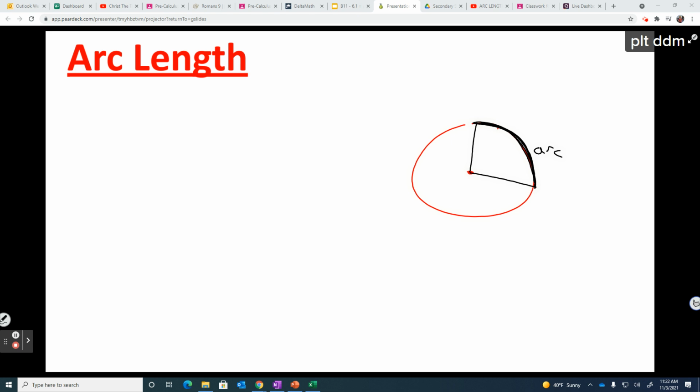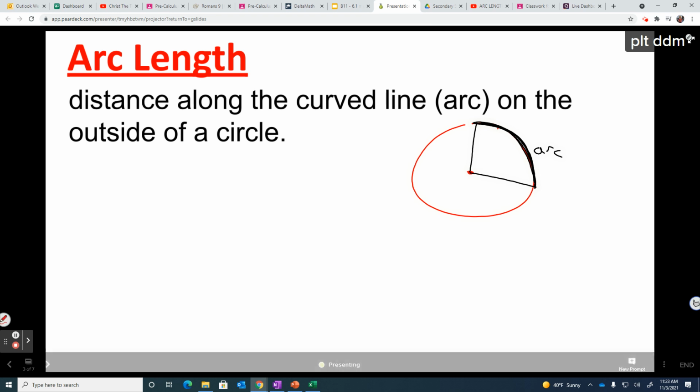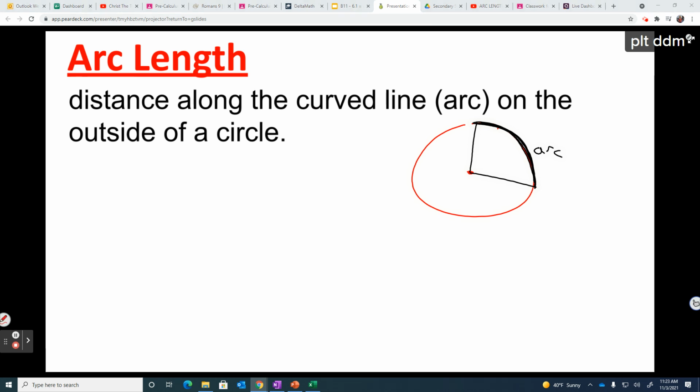How far would that be? So an arc length is just the distance along this curved line, which we call an arc, on the outside of the circle. Basically, if you're going to travel around the outside of the circle, how far would you be traveling? That would be the arc length.